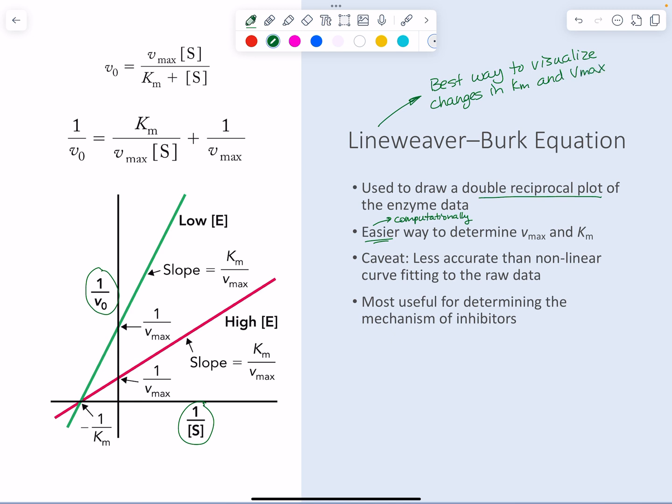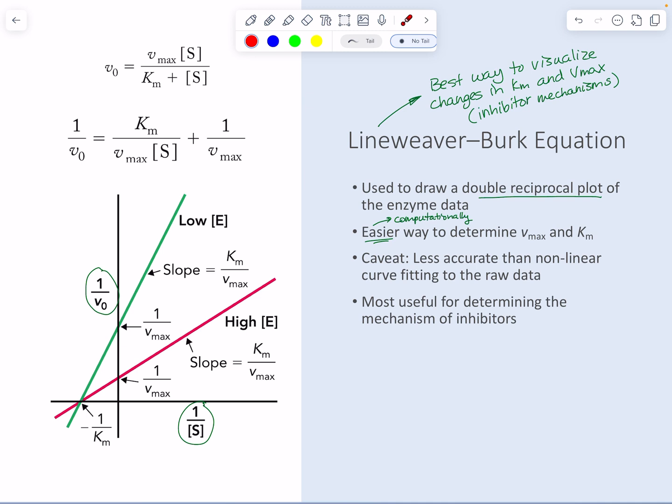And so we use this when we're trying to figure out inhibitor mechanisms. You can really easily tell what a chemical inhibitor of an enzyme is doing by looking at how the lines on the Lineweaver-Burk plot change.